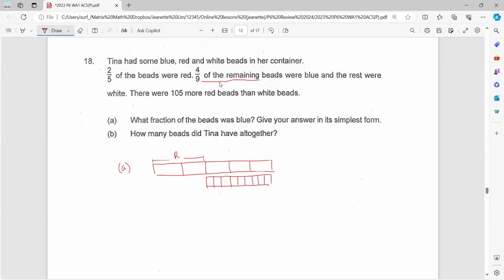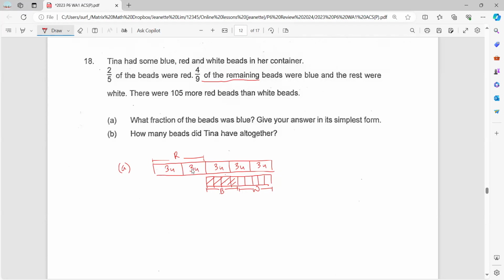Okay, 4/9 of them are blue, so blue will be 4 units. And the rest will be white. Since this part is 9 units, I will change this into 9 units as well. So 3 units each. And I need to indicate here 3 units each.